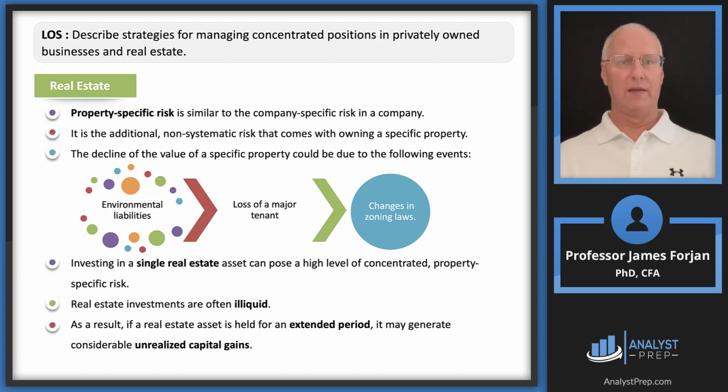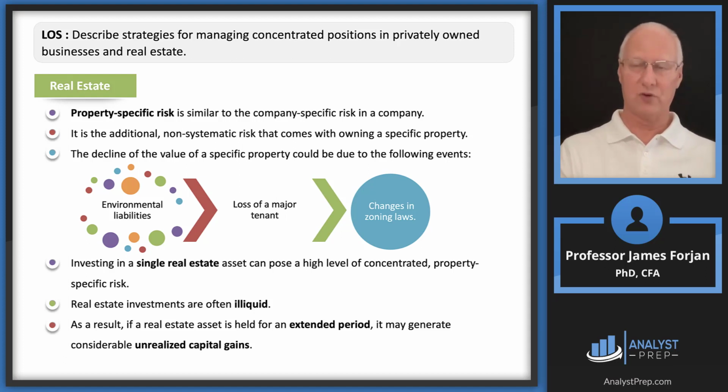Real estate, think of my miniature golf course example. So environmental liabilities. And the reading goes to great lengths to have us be concerned about a loss of a major tenant or the loss in value because of several things. Maybe it's zoning laws, maybe it's environmental liability, but the theme here is that we can have this concentrated portfolio.